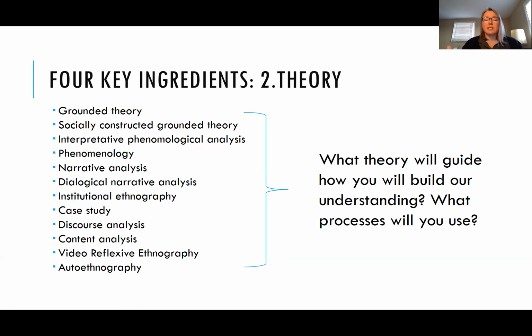This list is just an example of really just a few. And within each approach, there might be variations. So grounded theory is very common, but there might be the socially constructivist version of grounded theory. Phenomenology is very common, and then there's the interpretive phenomenological analysis approach.